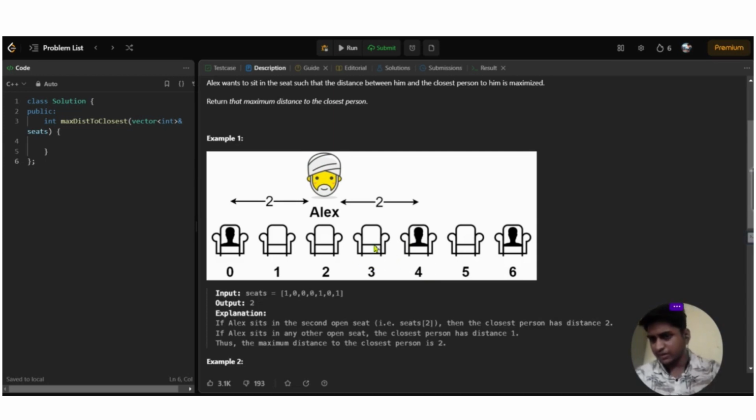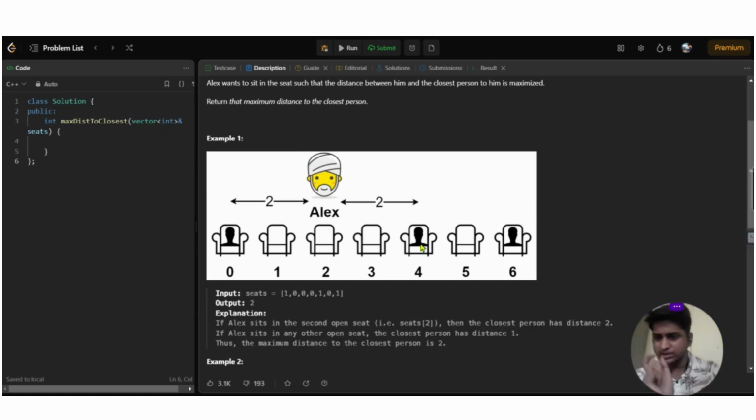I guess you are getting this. The person sitting at the fourth index will be closest because Alex is sitting at the third index, and the next person is at 0. 0 is farther from Alex as compared to 4. So the closest person is 4, and again the difference is only 1. Alex is just one step away, since at the fourth index someone else is sitting.